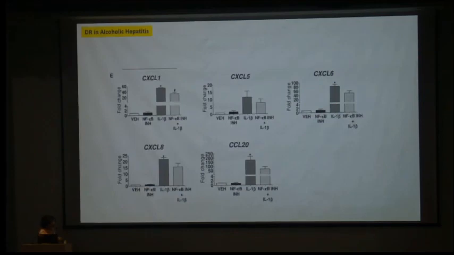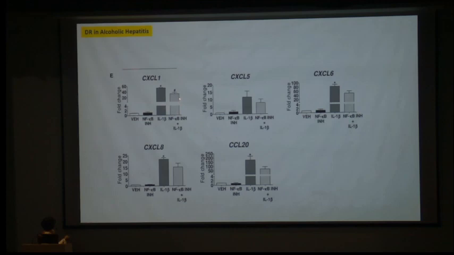In alcoholic hepatitis, please see that simultaneously they created a mice model, and they gave an inhibitor of NF-kappa B and also an IL-1 beta inhibitor, but they still saw that CXCL1 stays there, instead of responding to the IL-1 beta stimulus and inhibitor.